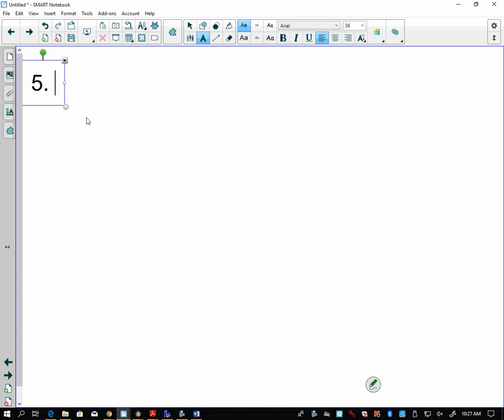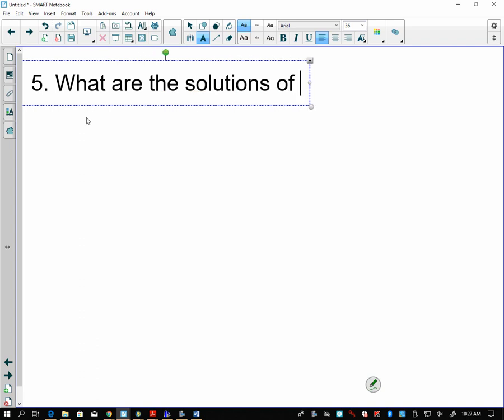Number 5. We want to know what are the solutions of the absolute value of 4x minus 16 minus 6 equals negative 2. Now, what you should notice on this question as you get it is that this is not a multiple choice question.